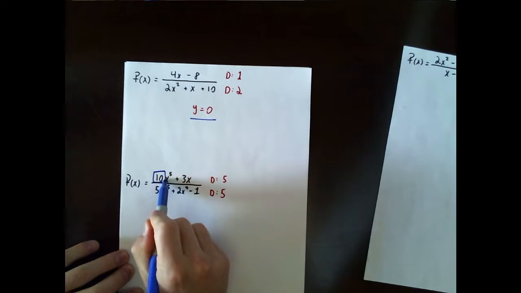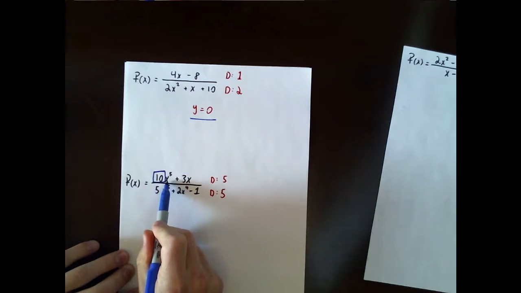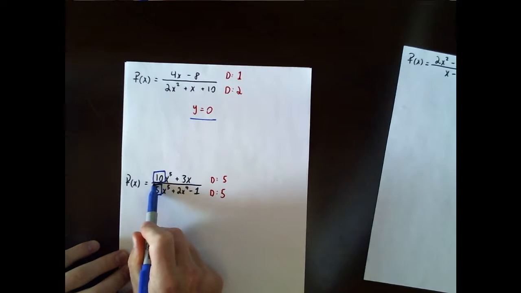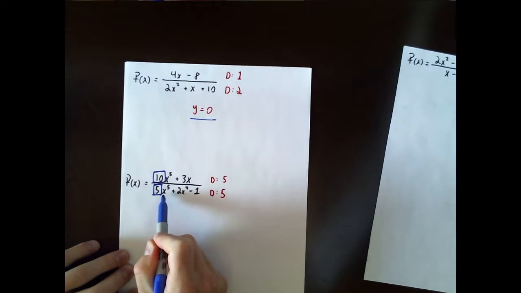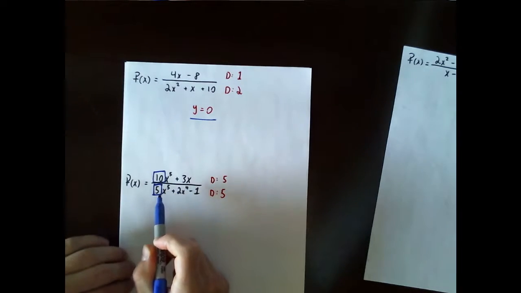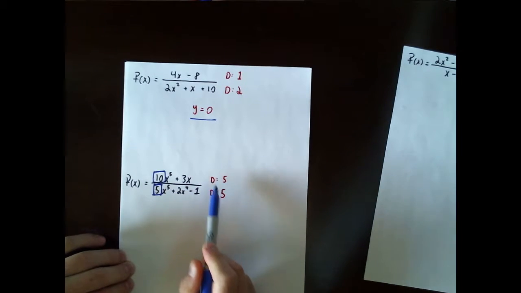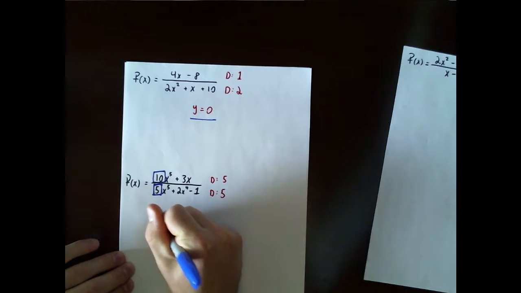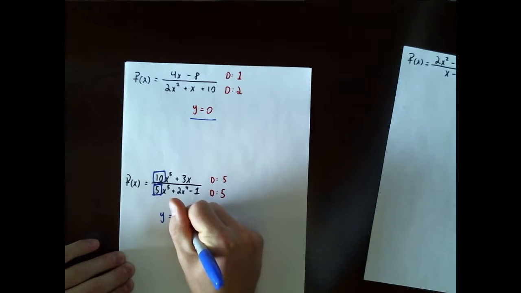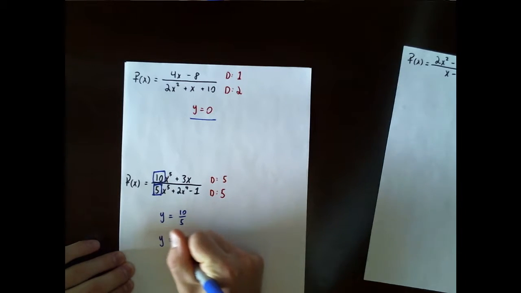The coefficient on the highest power of x in my numerator is this 10 right here, as the 10 is attached to the x to the 5th. In the denominator, it's this 5 here, because the 5 is attached to the x to the 5th. As long as my numerator and denominator have the same degree, I just take these two numbers out front and divide them. So my horizontal asymptote is y equals 10 over 5, or y equals 2.